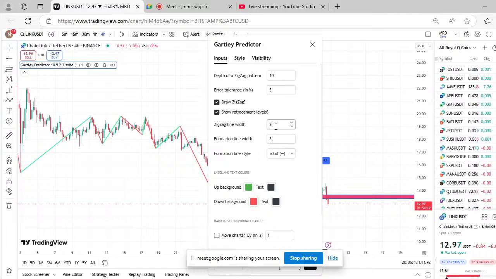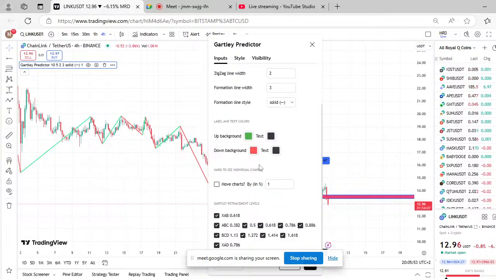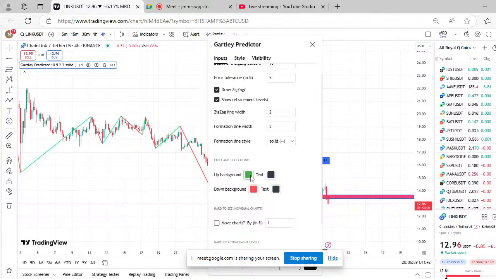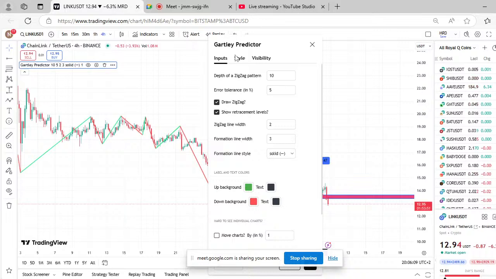Make sure you have 1, 2 at zigzag line widths, then formation line widths it is 3. The rest are okay, you leave them the way they are. Maybe for the colors you can change. You put any color, but colors don't matter. What matters is to understand what is happening on the chart.